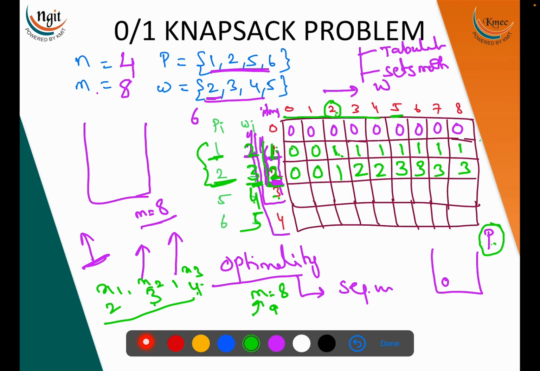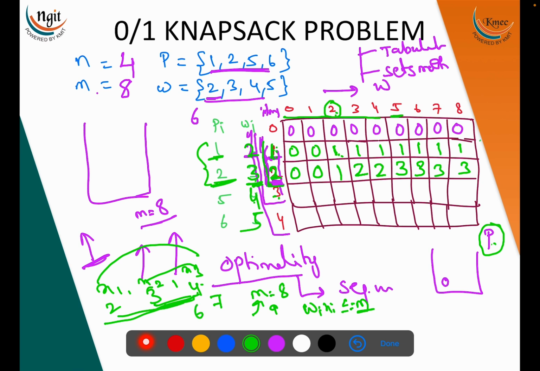But we do have a constraint that the sum of WiXi should not be greater than the size of the bag. That's why you cannot place all these 3 items, but you can place any 2 items. If you place X2 and X3, 4 plus 3, the bag capacity utilized will be only 7. If you place X1 and X3, the bag capacity will be 6.